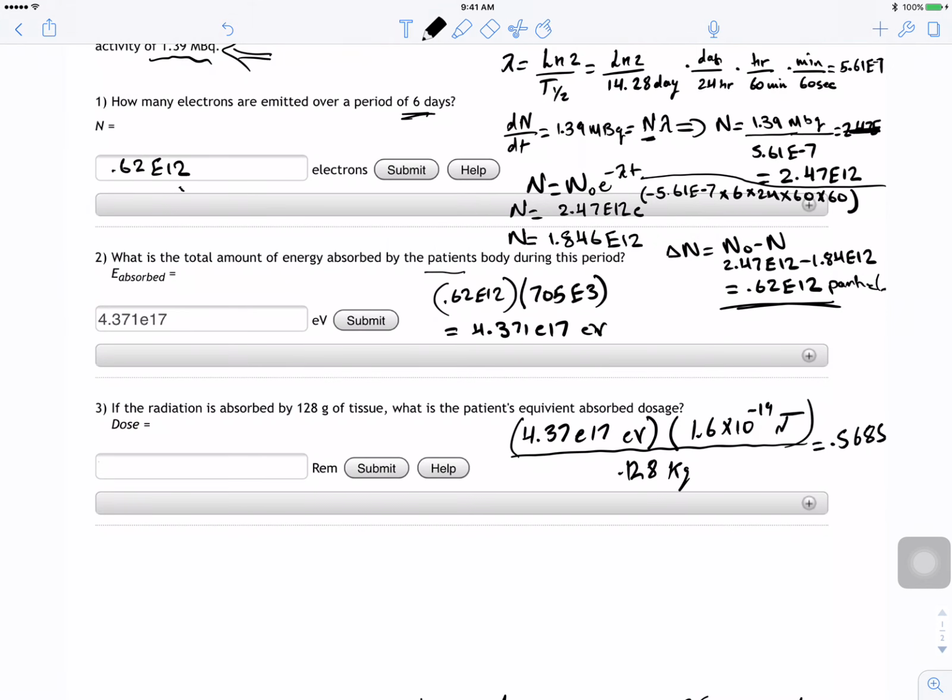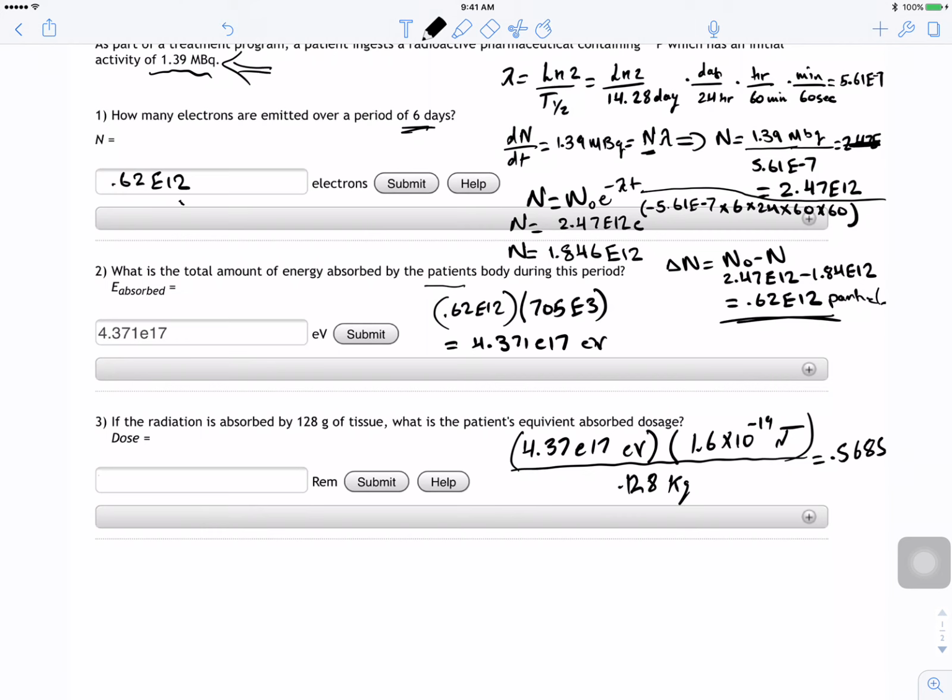For this one I got 0.5685. Let me write it down over here. This is meter squared per second squared, and we need to change it to rad, so multiply by 100 rad divided by meter squared divided by s squared. For this one we got 56.85 rad.